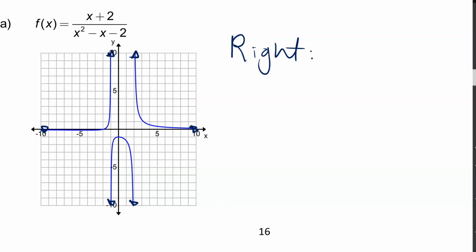All right, so the right end means we're taking the limit of our function as x goes to positive infinity. Meaning as I trace out my graph, what is happening to my y? What number is it approaching?